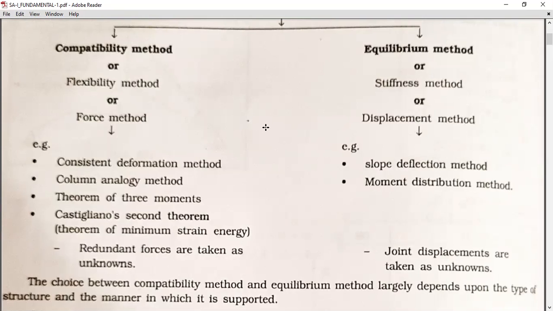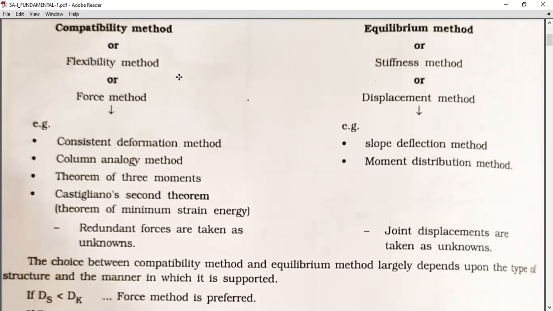Redundant forces are taken as unknowns. In the equilibrium method, stiffness method, or displacement method, there are two main methods: slope deflection method and moment distribution method, in which joint displacements are taken as unknowns.